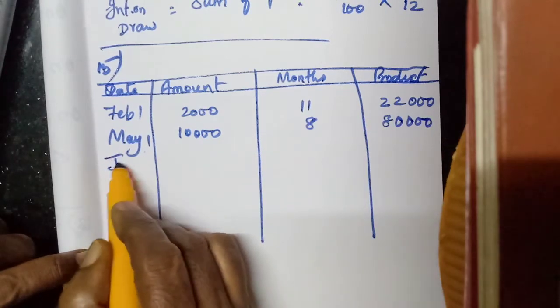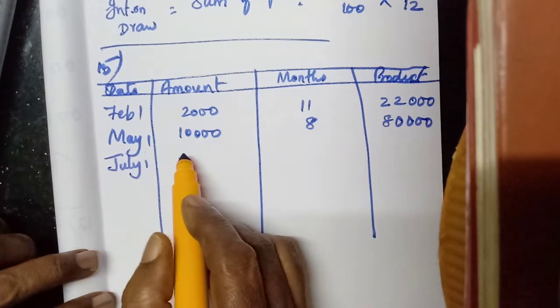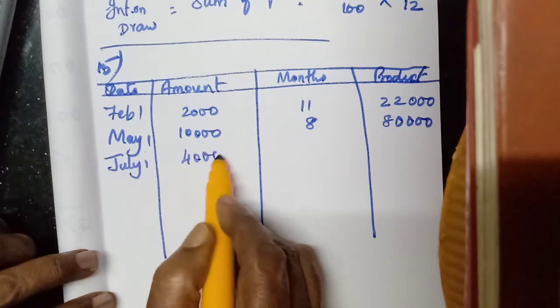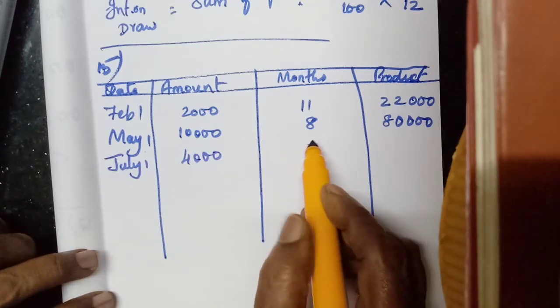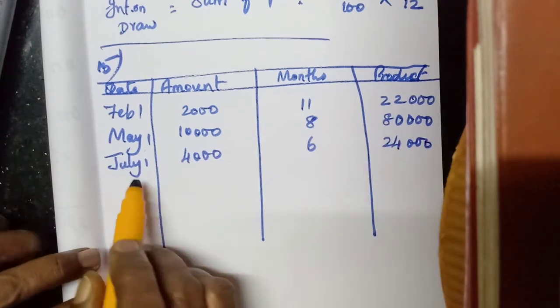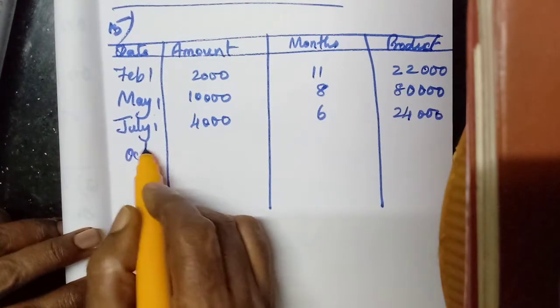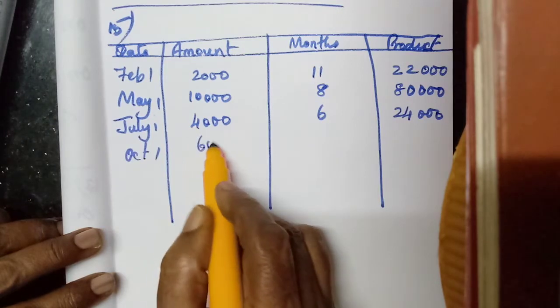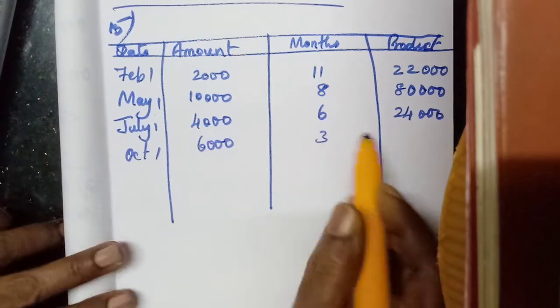Then July 1. 4,000. From July, so 6 months. 24,000. October 1. 6,000. 3 months. 18,000.